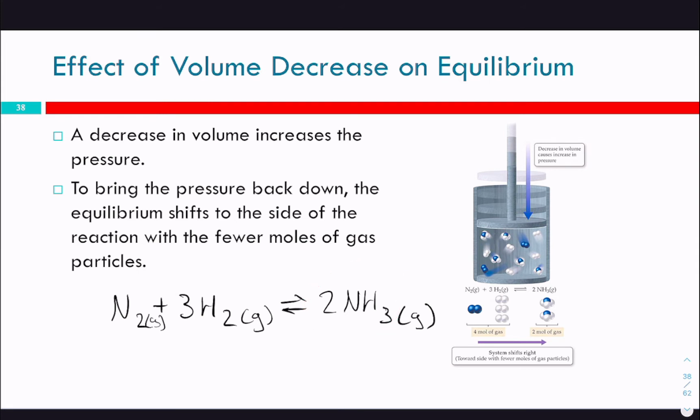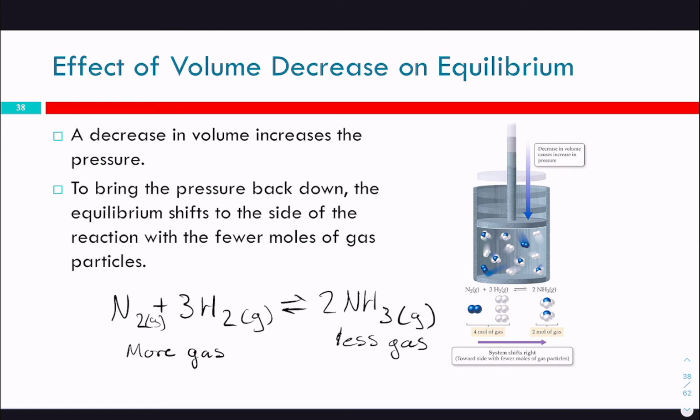So we'll take those 4 particles and compress them into just 2. That will clear up a lot of space, and the pressure will decrease. So for this reaction, we have more gas on the left and less gas on the right.